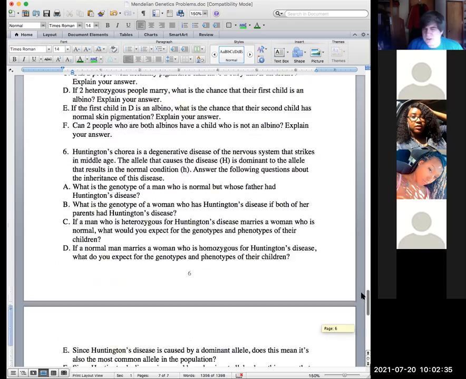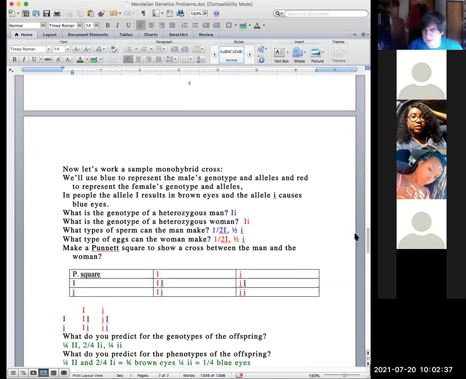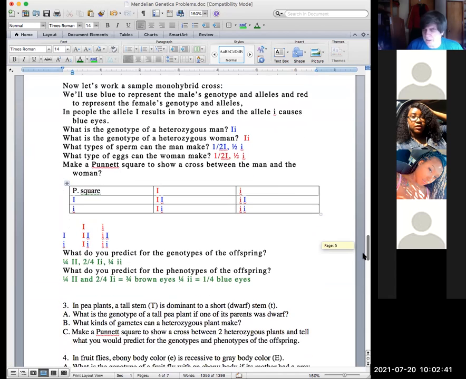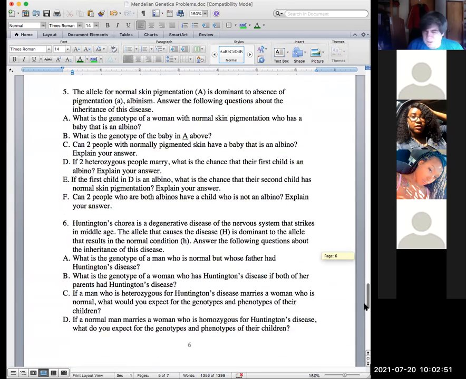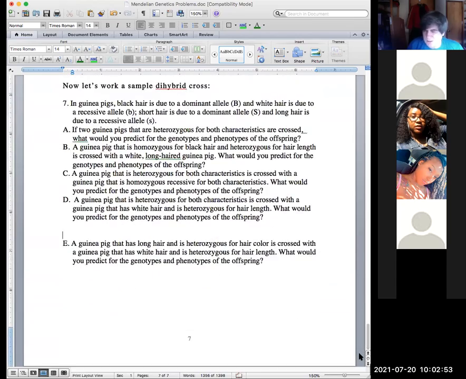And anytime you see that, that basically means you're going to have to go through all the steps that we did here. Because notice in this sample, the last two problems are, what do you predict for the genotypes of the offspring? What do you predict for the phenotypes? So this means that we're going to have to do this.